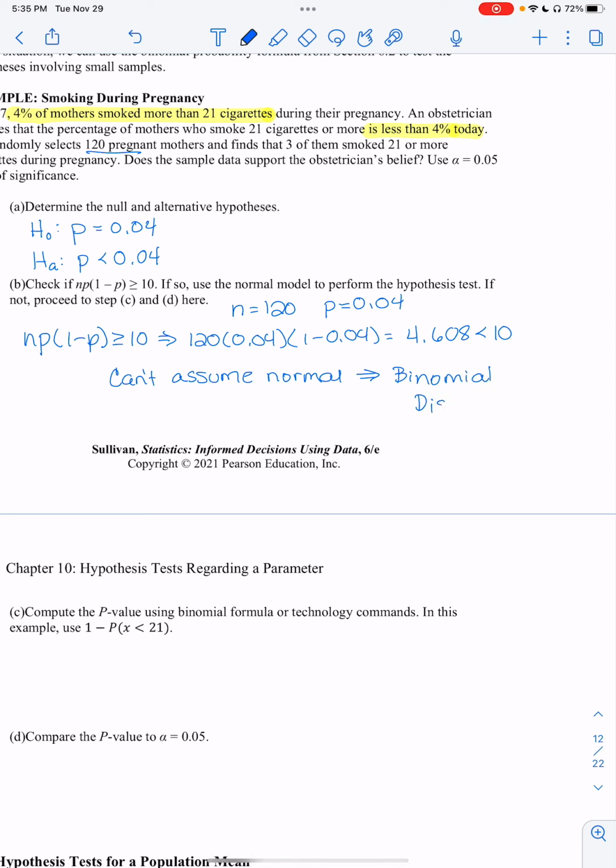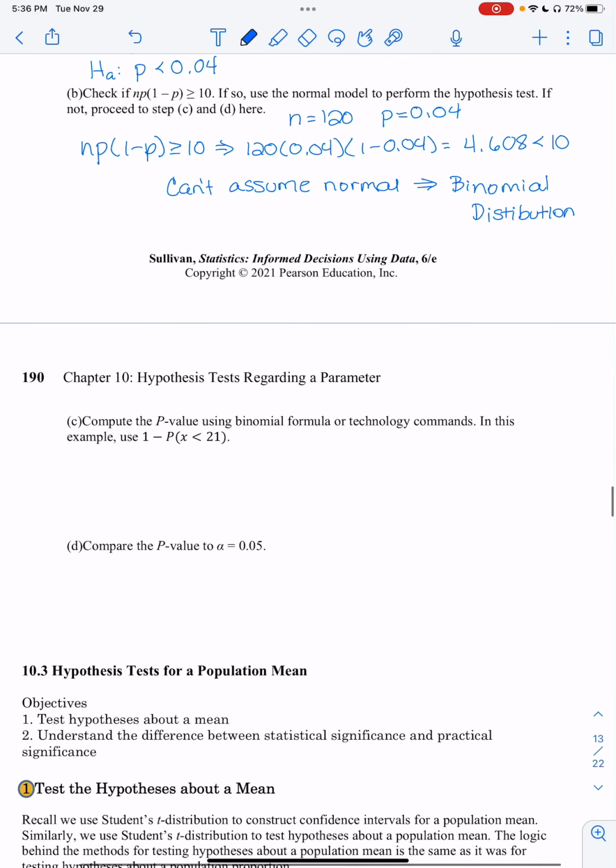We're going to go ahead and use the binomial distribution, if you think back to chapter 6.2. Let's take a look at that. Remember, we define things in a binomial distribution as success and failure. Oddly, here success is going to be if you smoke more than 21 cigarettes a day, and failure is that you don't smoke more than 21 cigarettes.